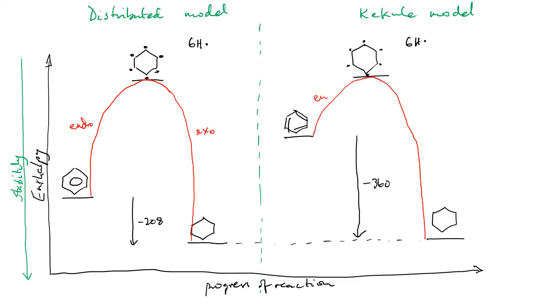So you can see in both diagrams, the exothermic process is the same, but the bond breaking for the delocalised model is more endothermic because there's less densely negative charge in the delocalised ring. So hopefully that explains the concept of stability and why the delocalised model is described as more stable.